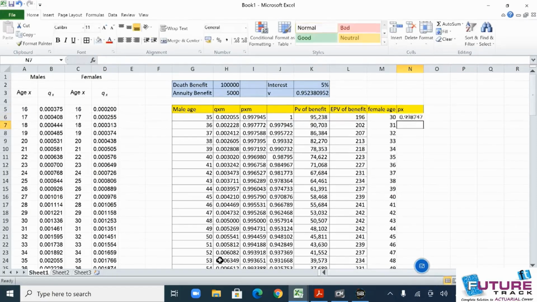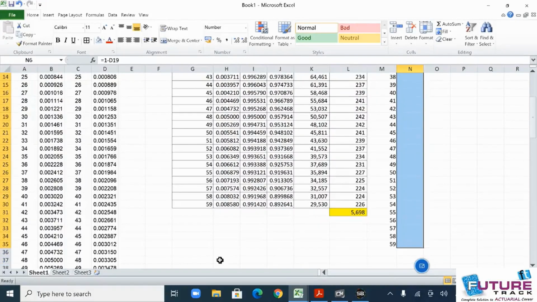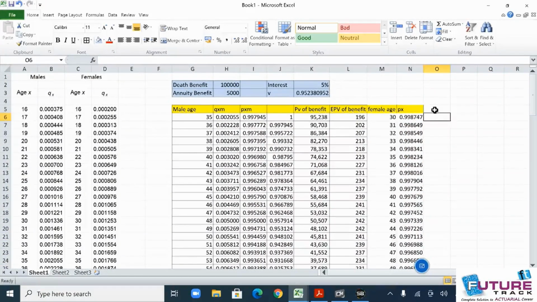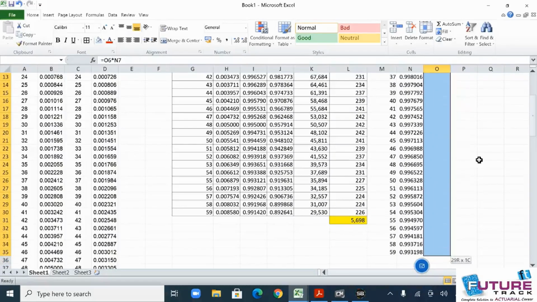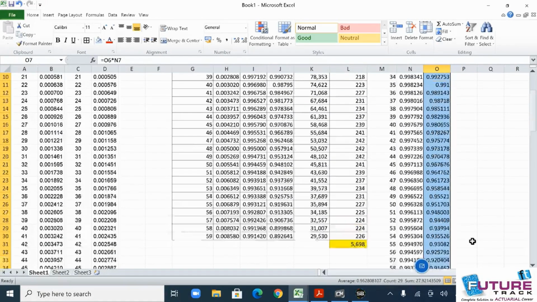This is my QX. Subtract that. Control down. Now we have to find TPX. For TPX, the first one is as it is. For the second one, this is multiplied by this, right? Fine class. So we get till this.